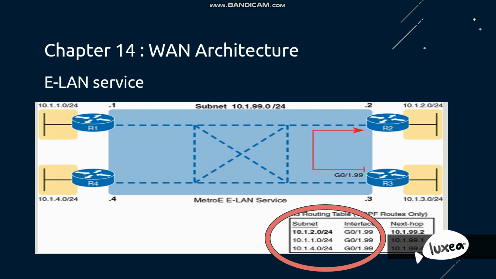And the next hop address for router 3 will be 10.1.99.0. After that, it will send packets directly to router 2 like this. Also, for routers 1 and 4 here, it will be the next hop address. It hasn't been marked here, but it will hop here too. This picture briefly shows an example which includes subnets and addresses, and 4 different routers are connected to the ELAN service.